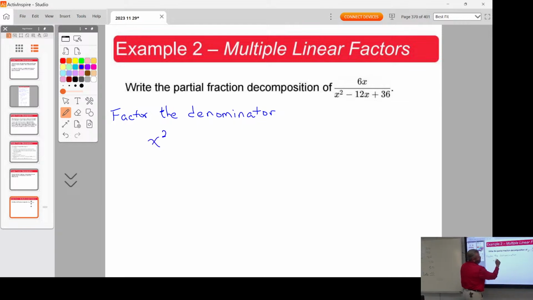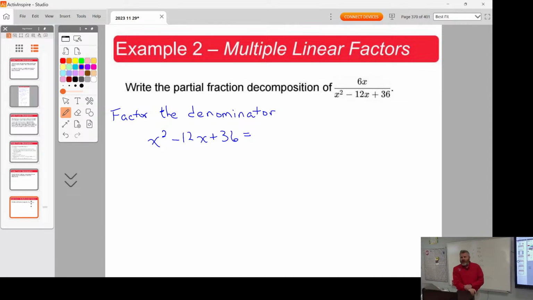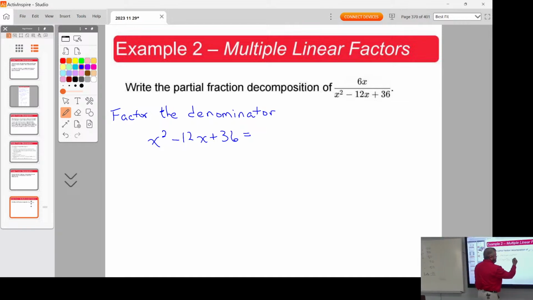X squared minus 12x plus 36 factors into x minus 6 and x minus 6. Are they distinct? No, they're the same, right? But because it's still two factors, we're still going to have two denominators.